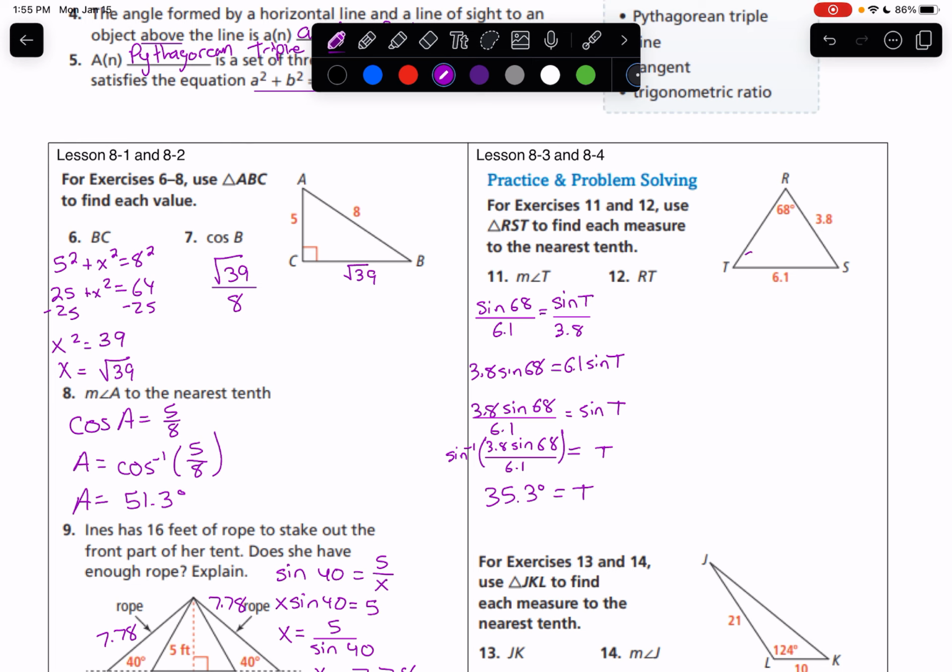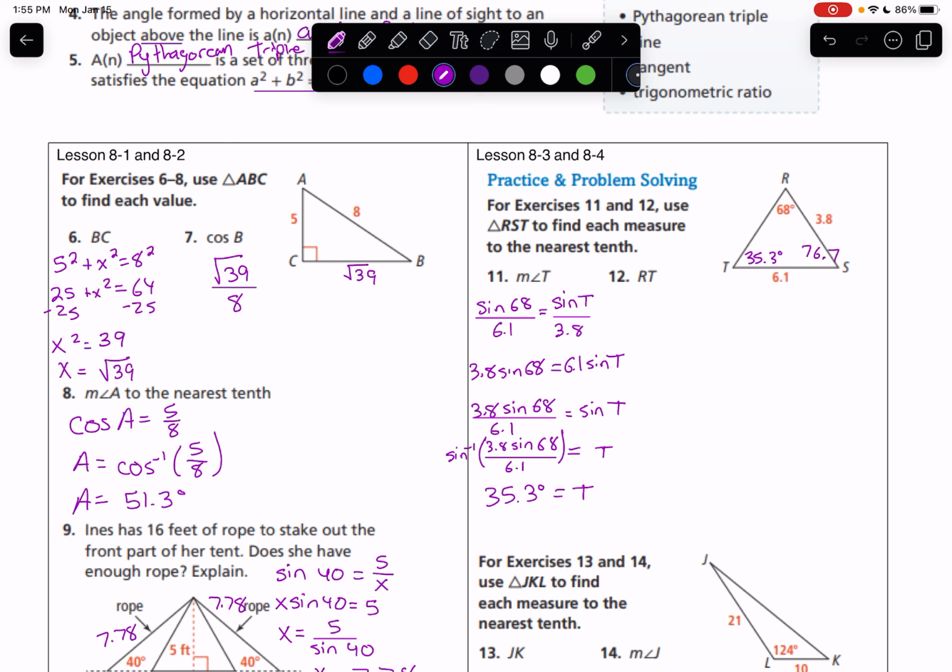So T is 35.3 degrees. The next thing we want to do is find RT. So in order to find RT, we're going to have to find the third angle, angle S, of our triangle. We can do that by doing 180 minus 35.3 minus 68, and we find that that is 76.7 degrees.